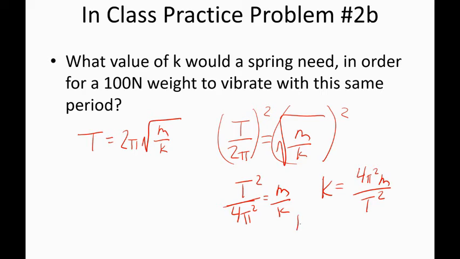My mass is 100 divided by 9.8, divided by T squared, and my T is 0.458. Square that, and I'm going to end up getting a value of 1,920 newtons per meter. Okay.